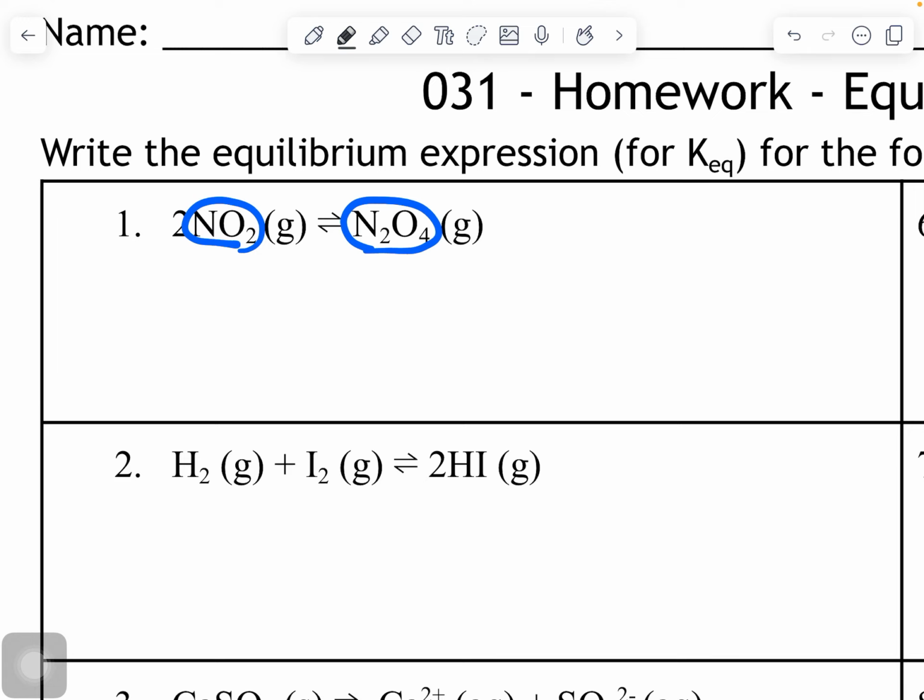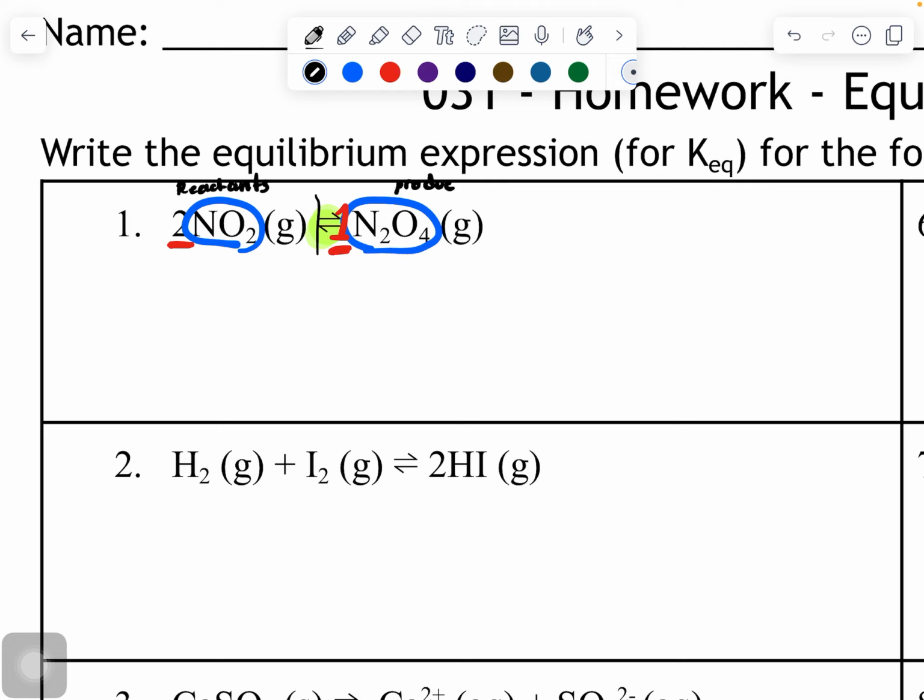I want you to underline the coefficients. If there's no coefficient, go ahead and write the invisible one that should be there. Okay, finally, go ahead and put the arrow with your third color. And you can even go ahead and divide this between the reactants and products.